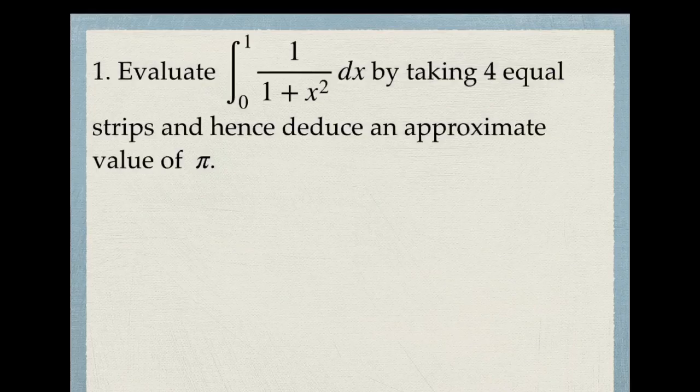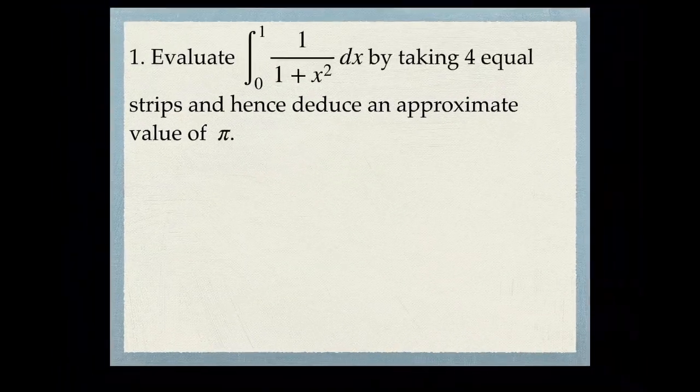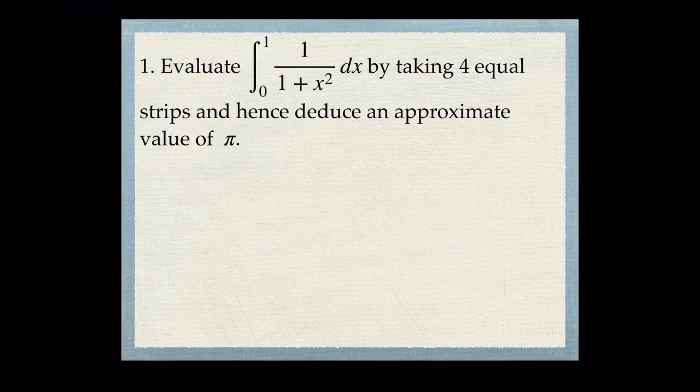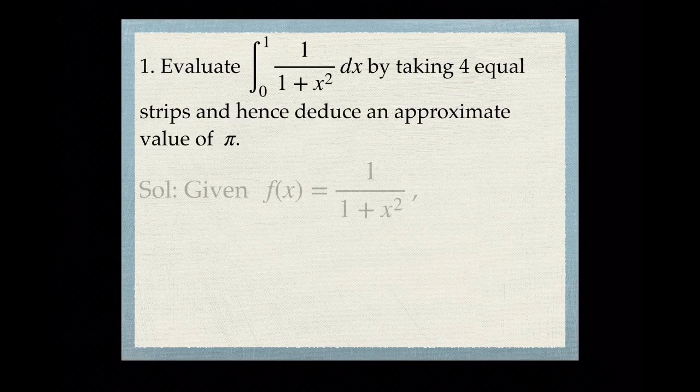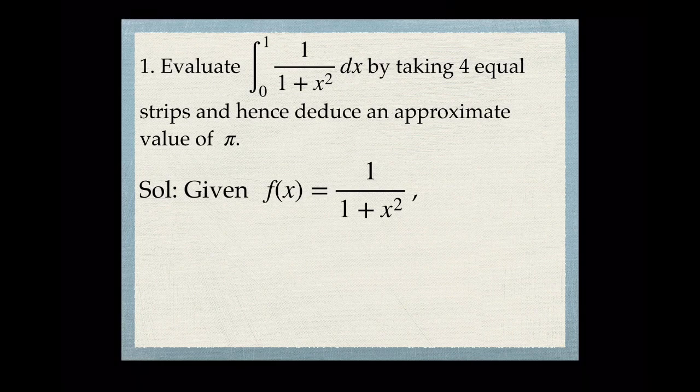So our first job is, whichever function is given inside the integral, we will concentrate on that and write that function as f of x. From the integral we made an observation that 1 by 1 plus x square is f of x.